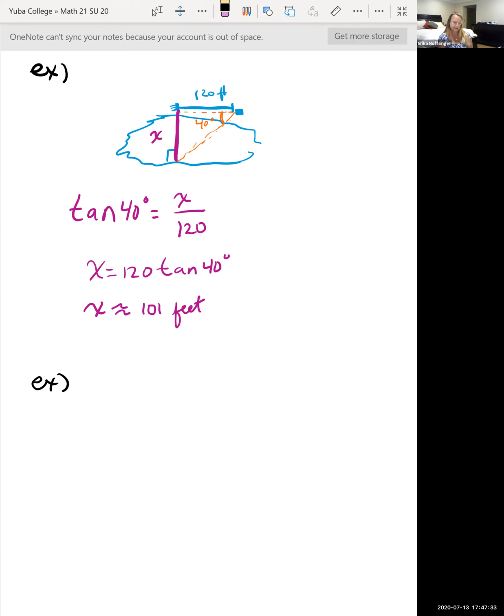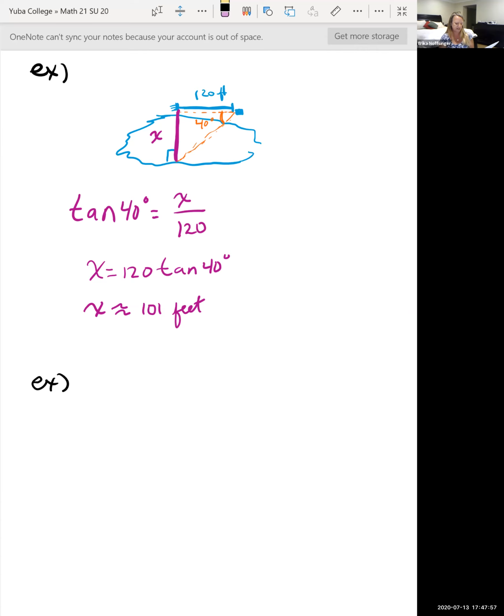Okay, so next one, a radio transmission tower is 150 feet tall. How long should the guy wire be if it's attached 12 feet from the top and is to make an angle of 21 degrees with the ground?